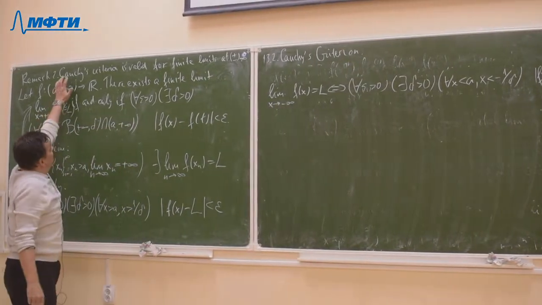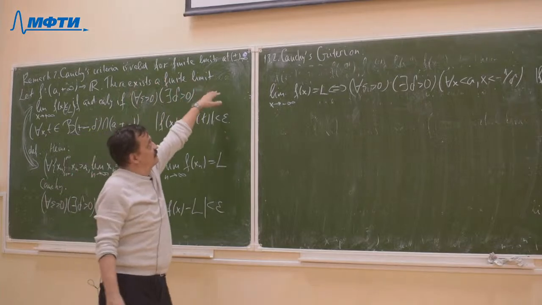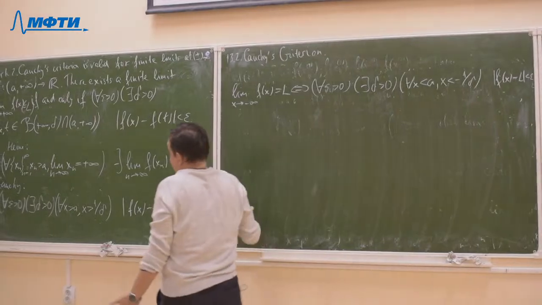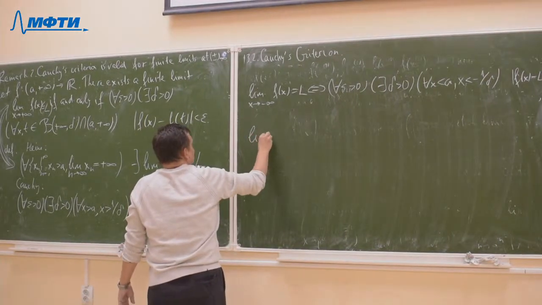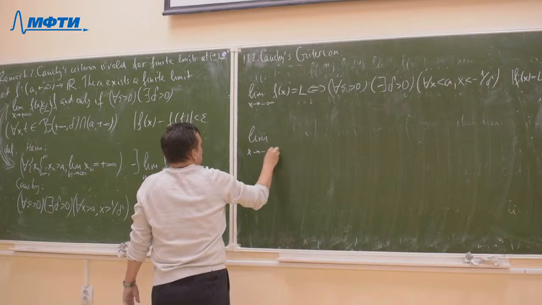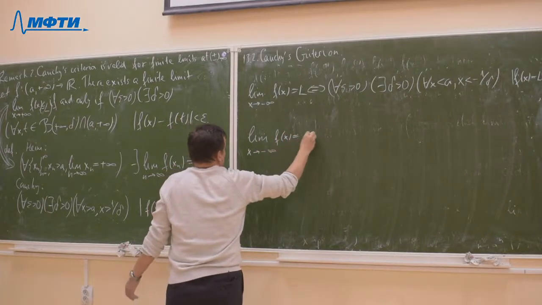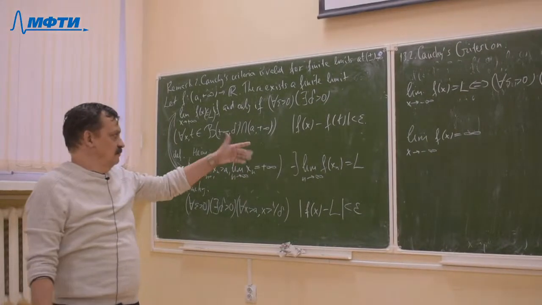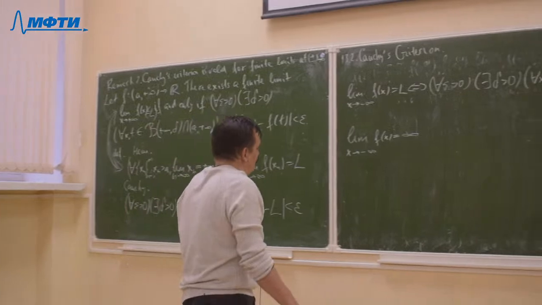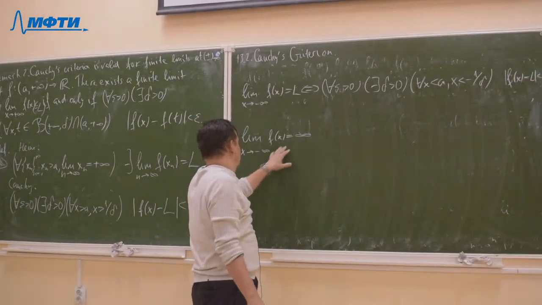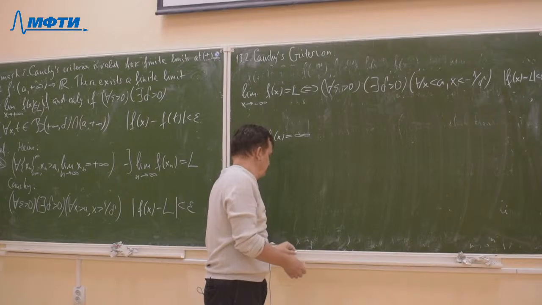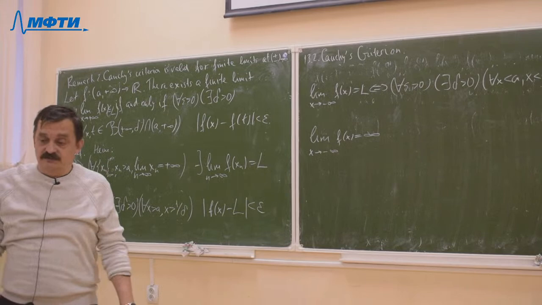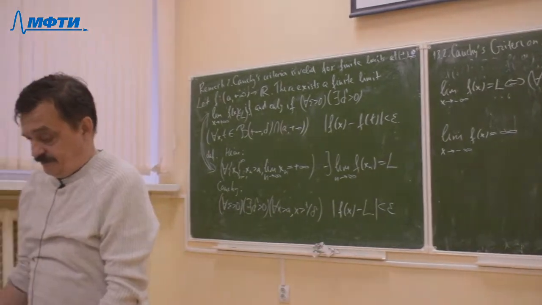And once again, Cauchy's criterion is valid for finite limits at plus or minus infinities. But this is not true for infinite limits, and we can also have an arbitrary combination of infinities, and for infinite limits Cauchy's criterion is not true. Okay, that's all for today.